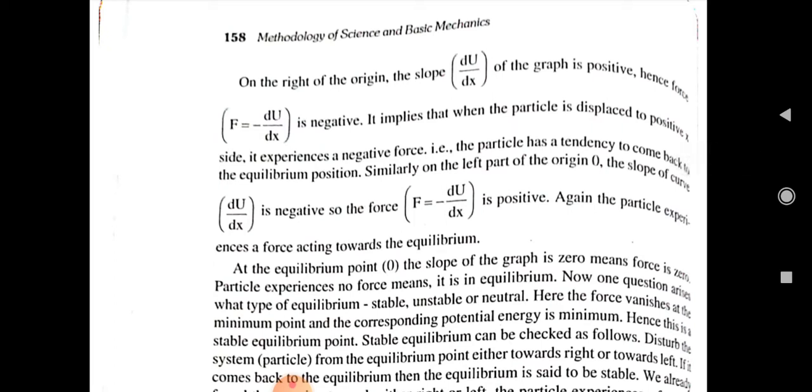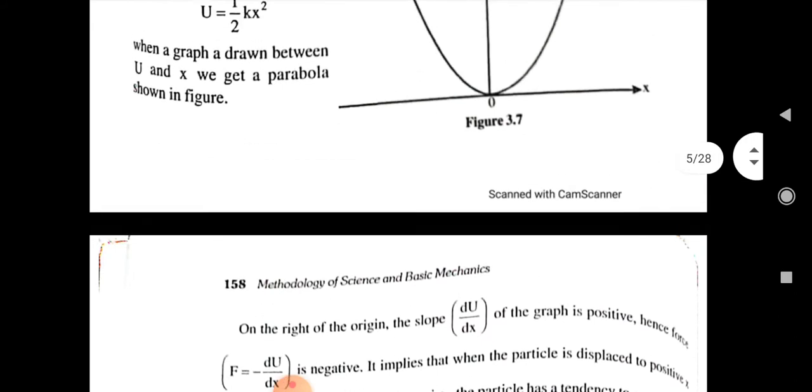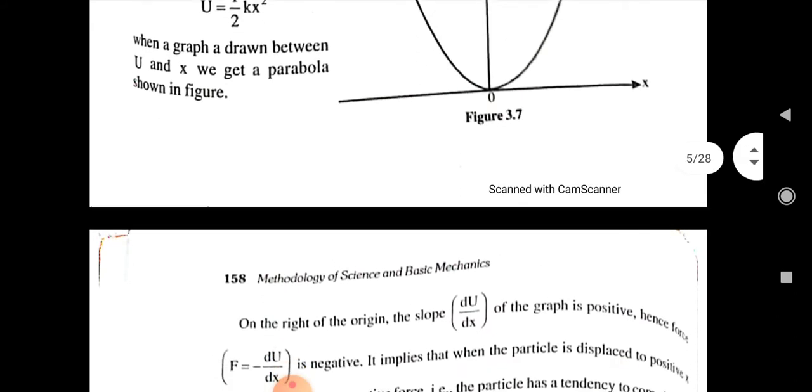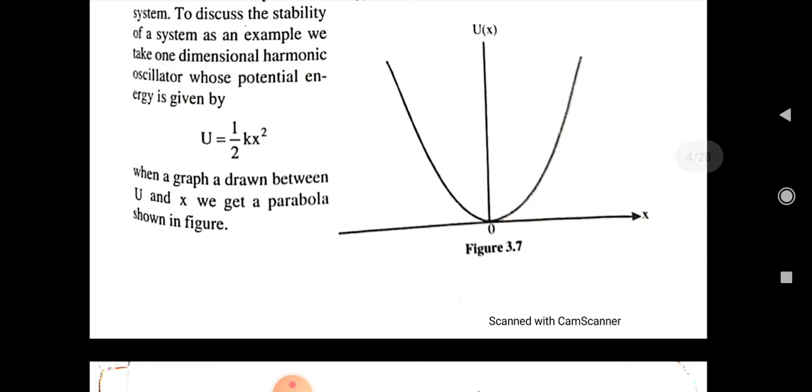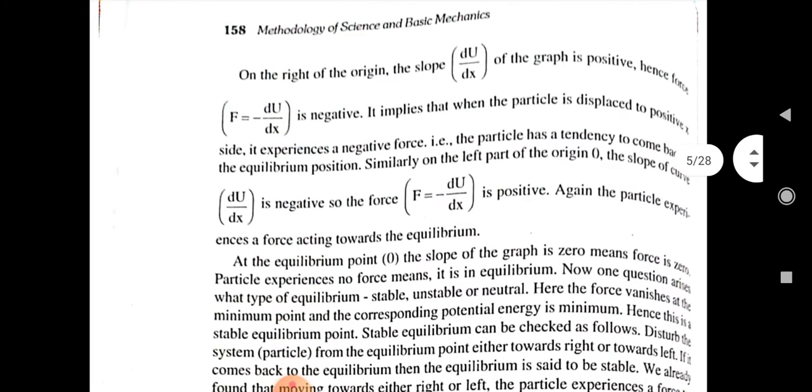That is, at the equilibrium point the slope of the graph is 0, that is, the force is 0. So the particle experiences no force, which means it is in equilibrium.